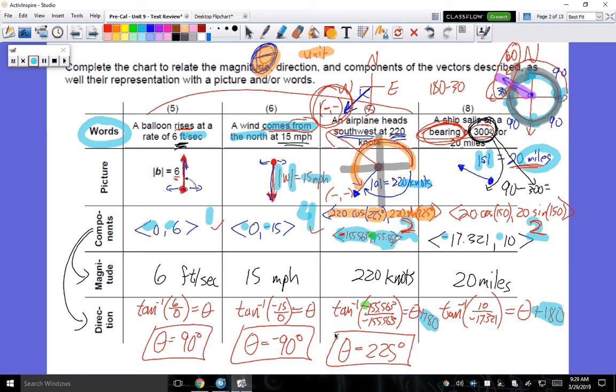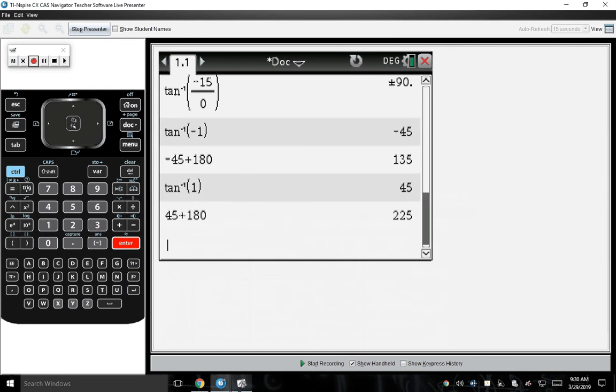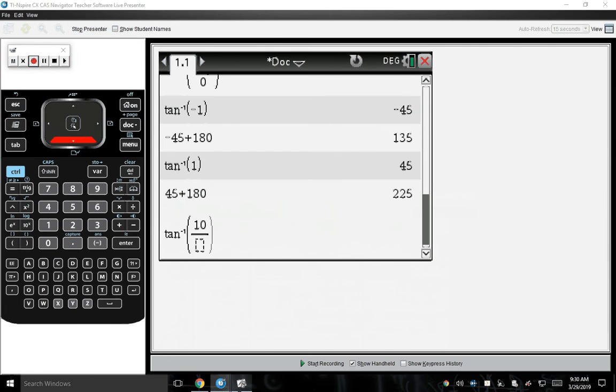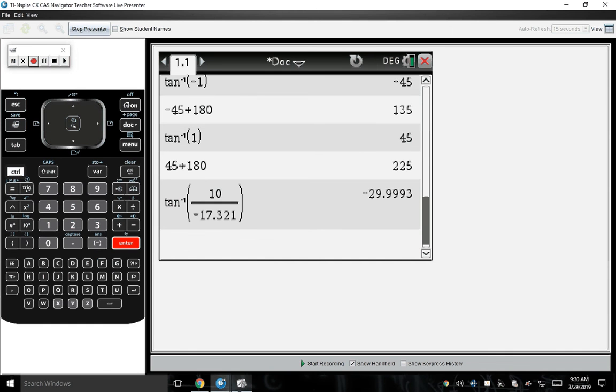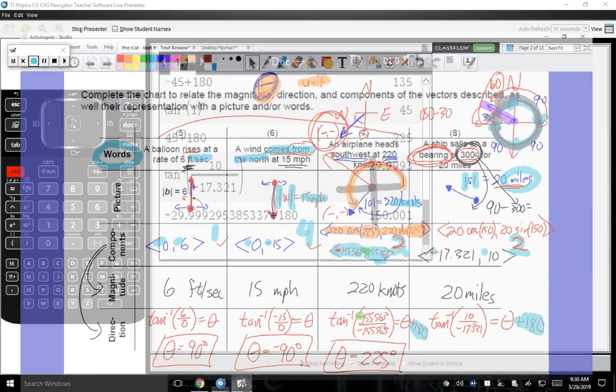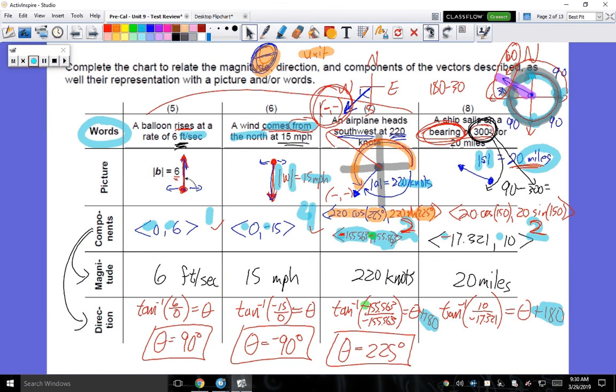This is going to be this negative x positive y, so we're going to add 180 to what we get. And this is 10 over that 17.321. Here we go. So the arctangent of 10 divided by this negative 17.321, and we get this, that we're going to, again, add 180 because it's in that second quadrant, and we get the angle should be traveling at 150 degrees, which is definitely what we can see from what we did up here earlier, showing that 150 degree direction.